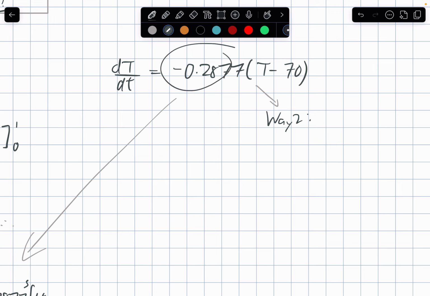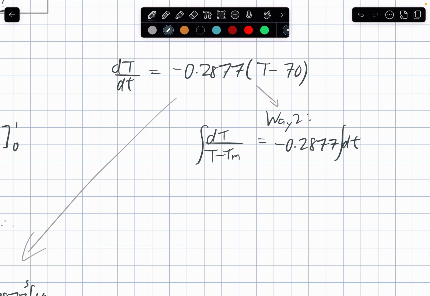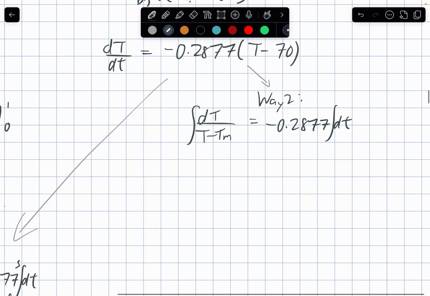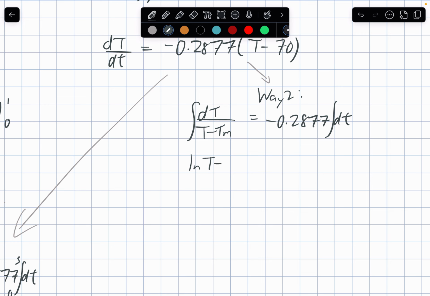We start with this, no? dT over T minus Tm, integral of negative 0.2877 dt. And then don't forget the integral. This is going to be ln T minus Tm equal to negative 0.2877 t plus A. So again, Tm is 70.